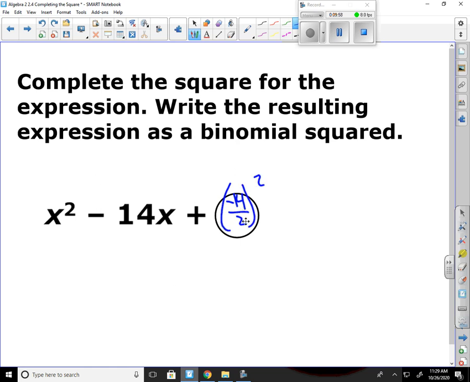Negative 14 over 2 is negative 7. So this now becomes x squared minus 14x and then it's negative 7 squared, which is plus 49. You're always going to end up with a positive here because anything squared becomes a positive.